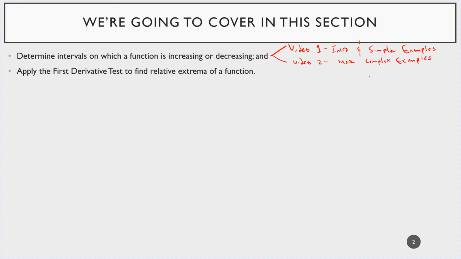And then the final video for this section, I'm going to talk about applying the first derivative test to find relative extrema of functions. So we're going to learn about something called the first derivative test, and this will be video 3 with examples. So we'll go through this across these 3 videos. This first one, again, is the intro, and we'll do 2 very simple examples so you can see the concepts.